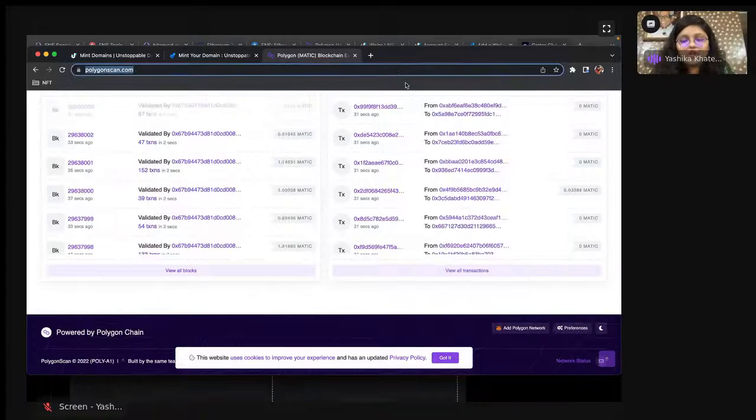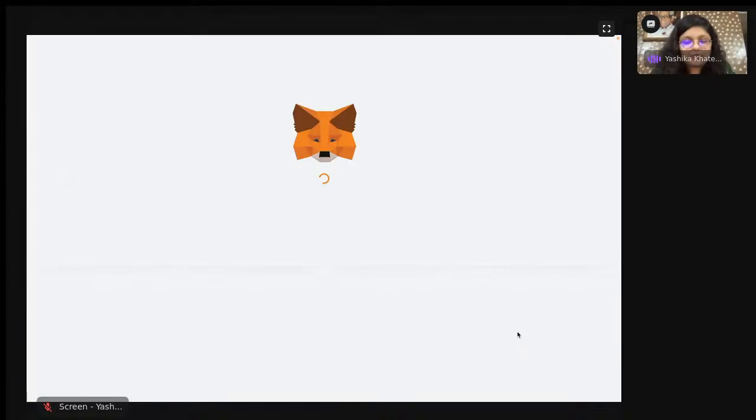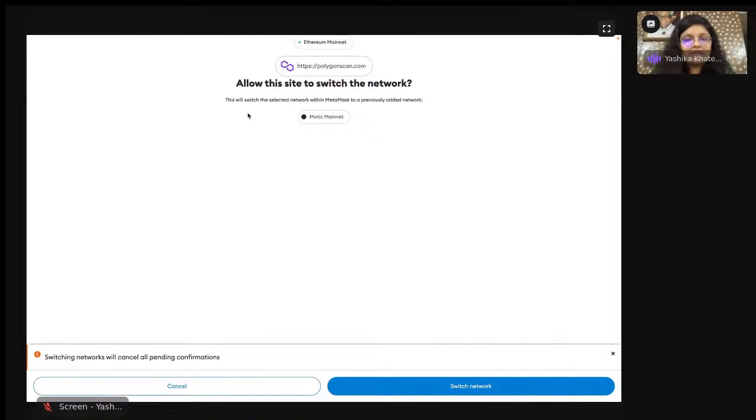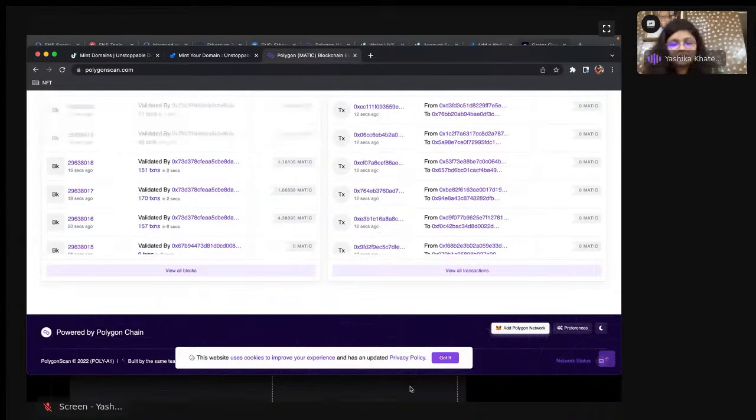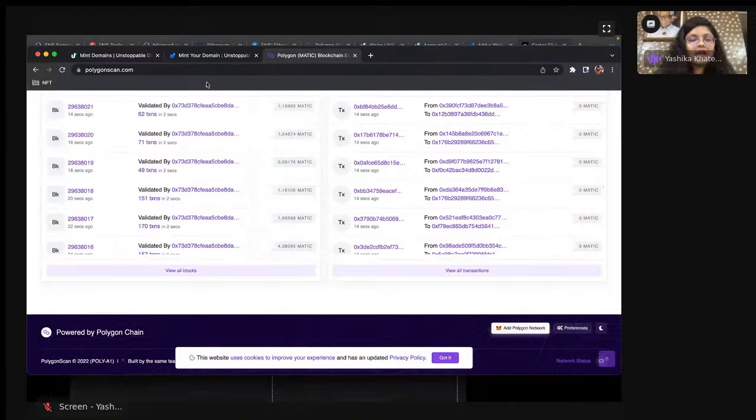If I want to shift to Polygon mainnet, I have to add the Polygon network. So I go to the footer of the website, click Add Polygon Network, and it goes to my MetaMask and says switch network. I switch the network, the Polygon mainnet gets added to my MetaMask, and now I am on Polygon.